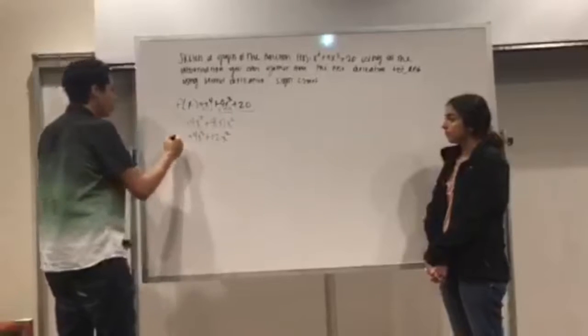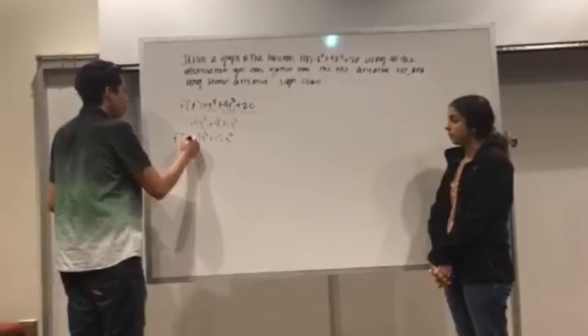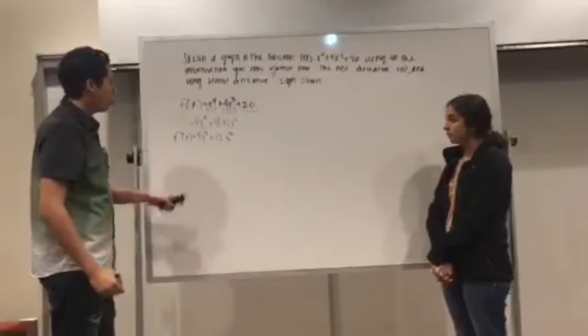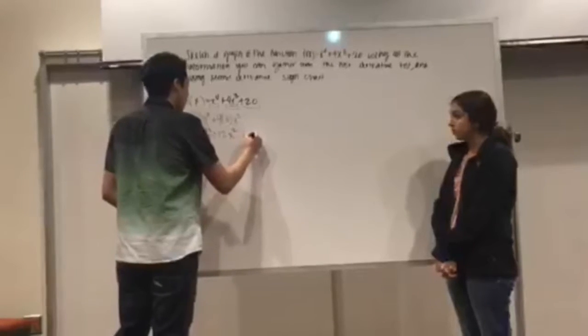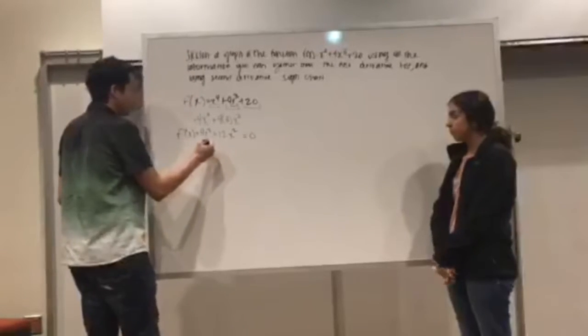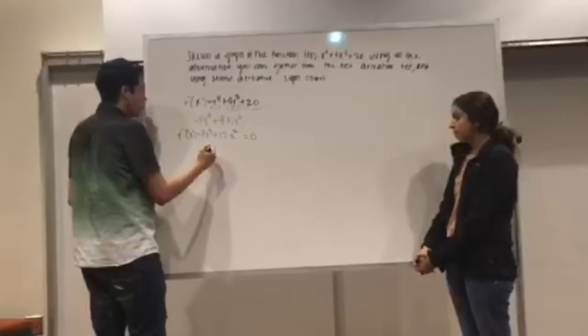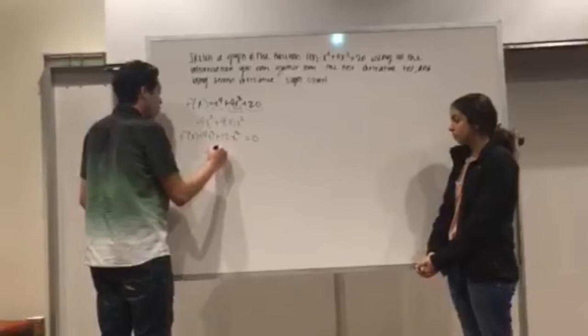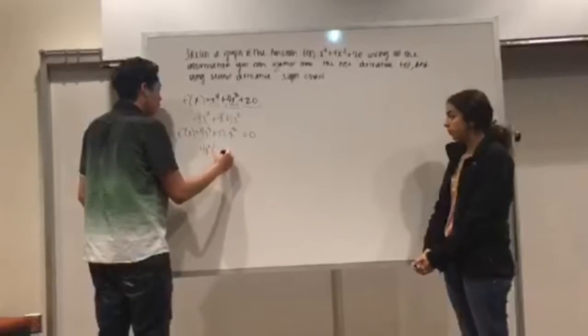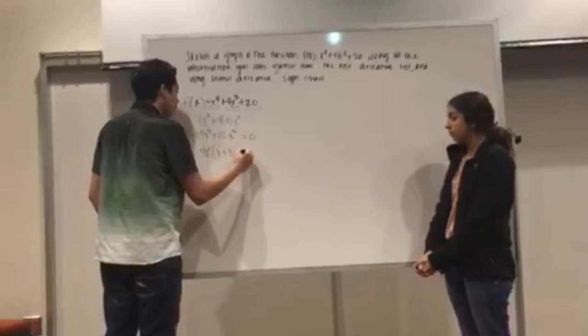After you do this, you need to make this function equal to 0 to find possible critical points. Right here we see that we have a common factor, 4 and x squared, so 4x squared times x plus 3 equals 0.